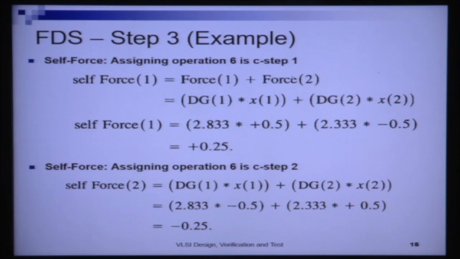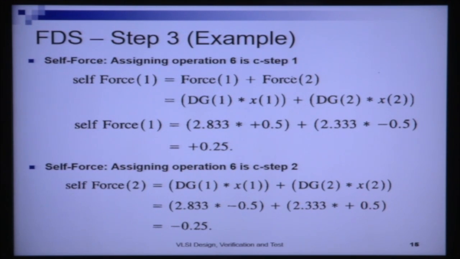Now, we come to the example. What is the self force corresponding to operation 6 in C step 1? We said that operation 6 can either be scheduled in C step 1 or in C step 2. In C step 1 it has a probability of 0.5, and in C step 2 it has a probability of 0.5. Now, how do we calculate self forces?